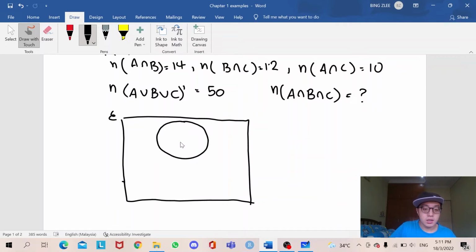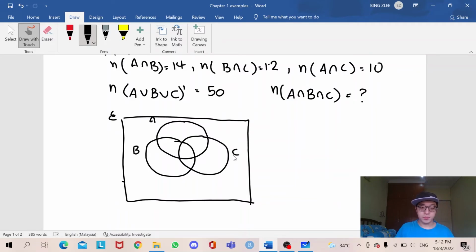This is A. This is B, and this is C. All right, so this is A, B, and C. So it's the same thing as the example just now. We will start from the innermost part.